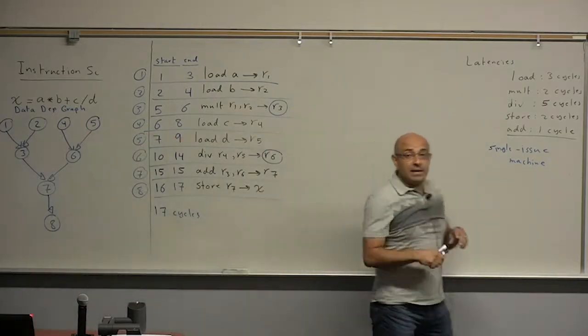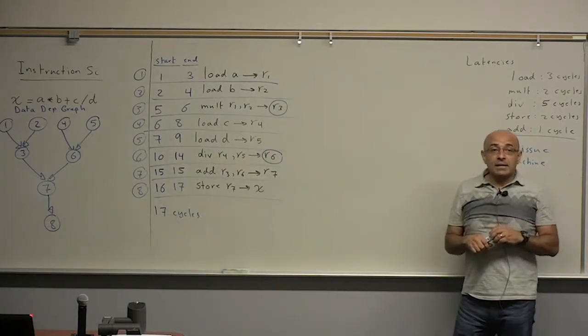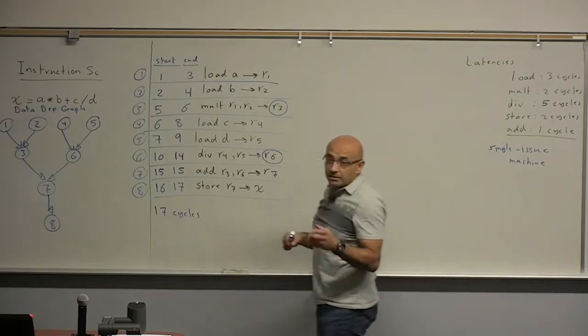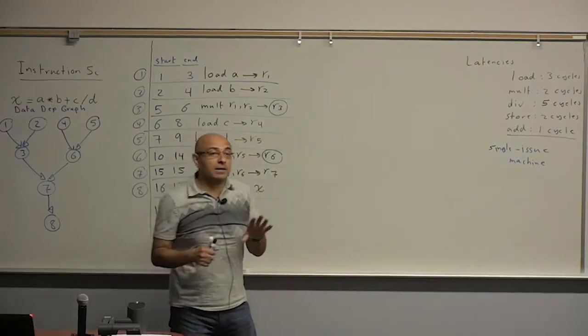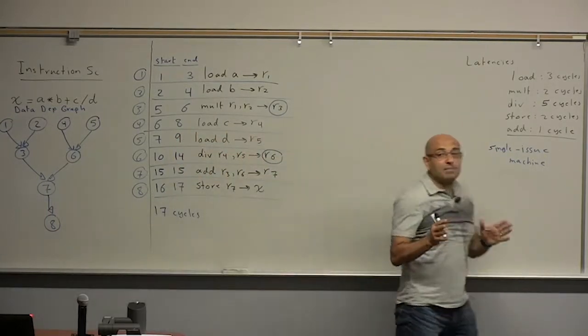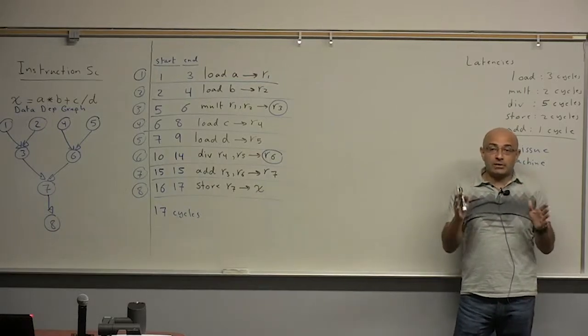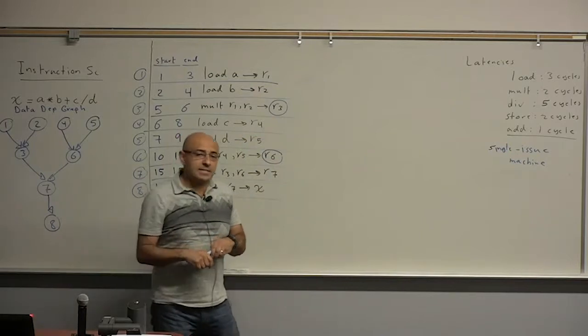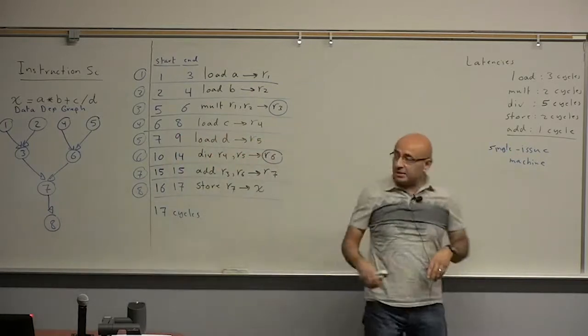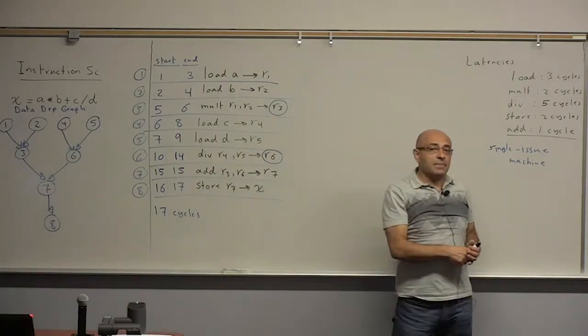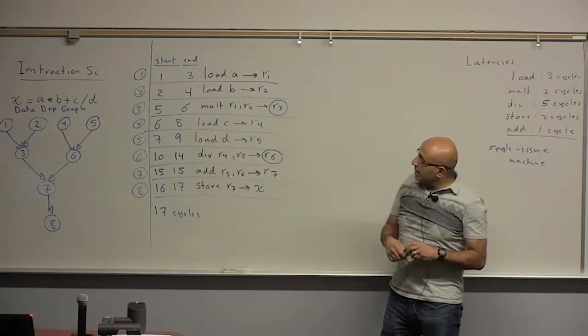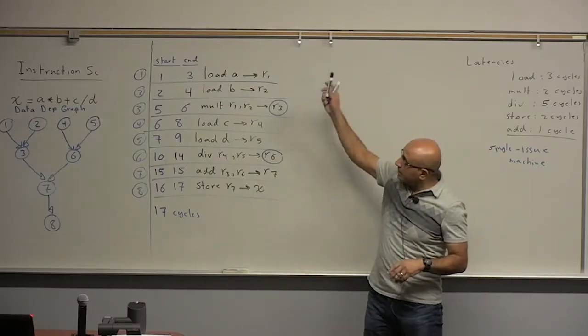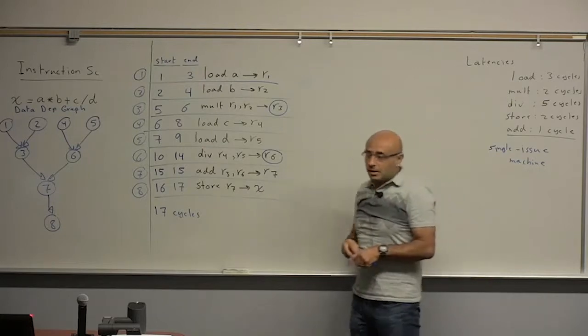The compiler can make guesses and estimates in terms of performance, but in terms of correctness, the compiler cannot guess. So the compiler must generate correct code, but in terms of performance, it can make some guesses and estimates. So in this case, for example, one of the implicit estimates is that these loads are hitting in the cache.